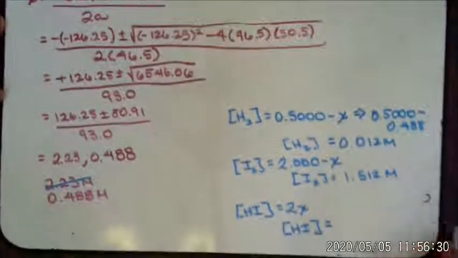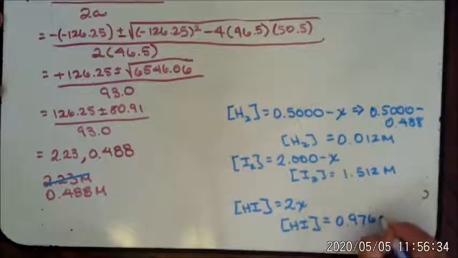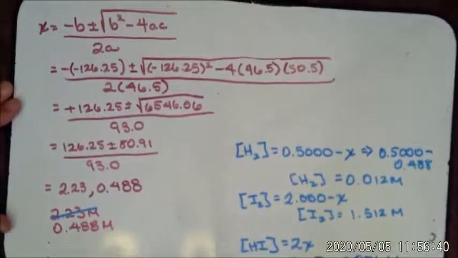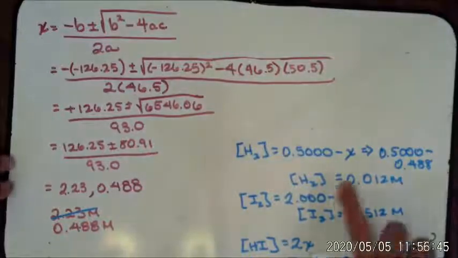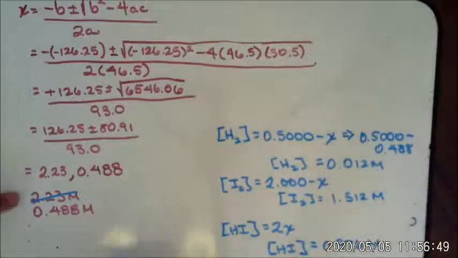That's going to be equal to 0.976 molar. Okay, so in the event that when we solve our quadratic equation, we get two solutions that look viable, once we go back to our initial expressions, we can determine which of those values is legitimate.